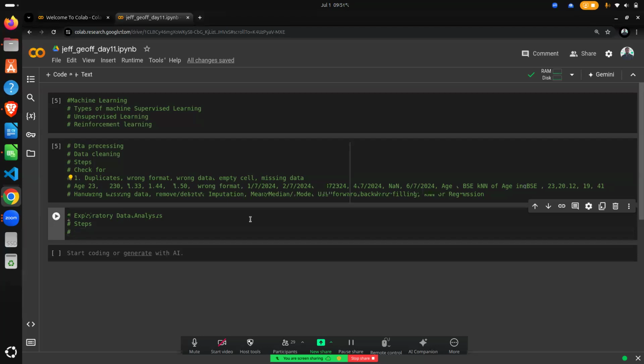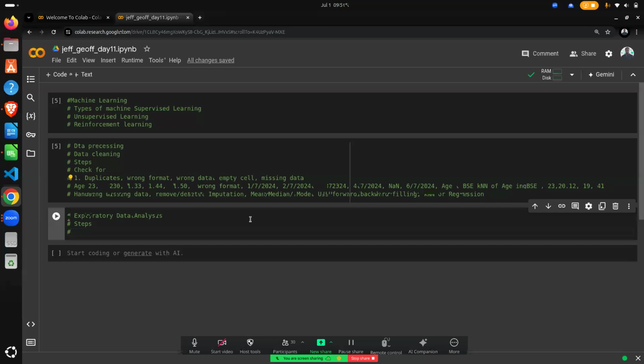Now we are in exploratory data analysis. To explore your data and understand it very well, it is important for us to use what we call descriptive statistics. Remember, I talked about numerical data, categorical data, and ordinal data. I mentioned them.